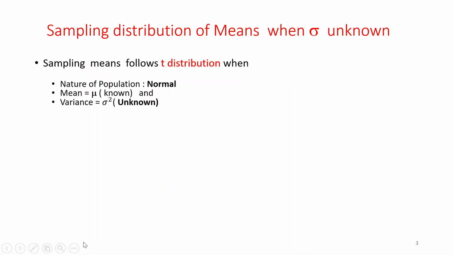So this is what we are going to discuss now: when we have no idea about the population standard deviation or variance, and we keep drawing samples from this kind of population, then how will the sample means be distributed?